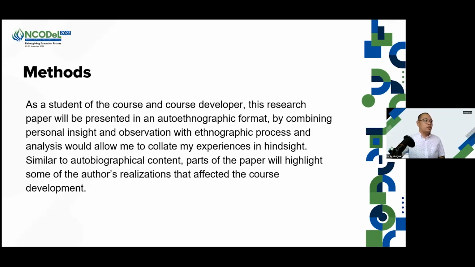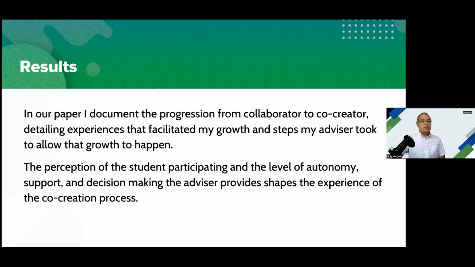So it's somewhat of a combination of personal insight, observation, and ethnographic process. Since the course has already been running since October of this year, 2022, there have already been some behaviors or insights that have been taken note of, which are in our paper.